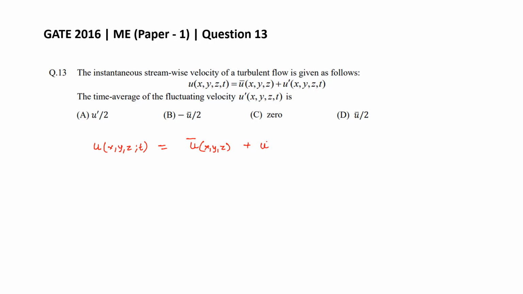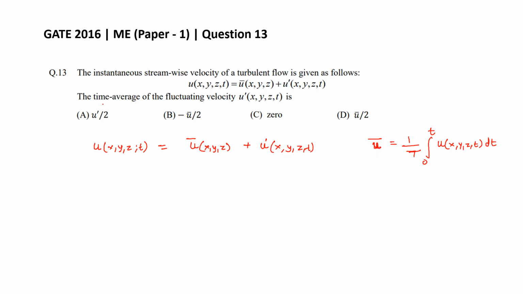And then there is this fluctuating component, which is called the eddy component, or the time varying fluctuating component. And this u bar is defined as the time average of your total velocity, so integral of u(x, y, z, t) dt. So that's how you define u bar.